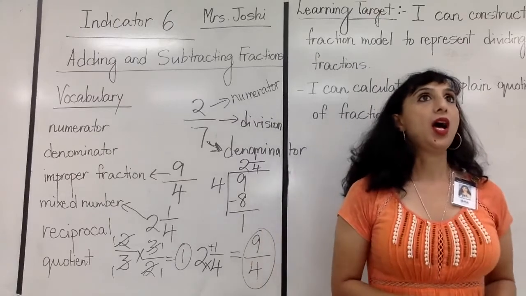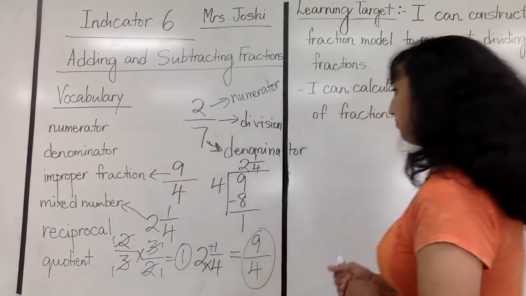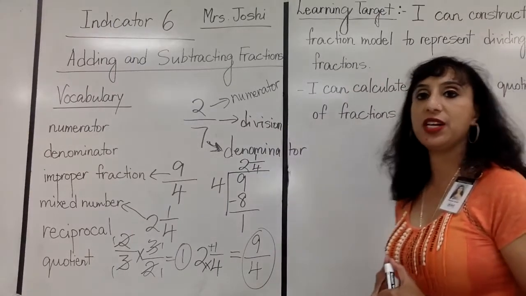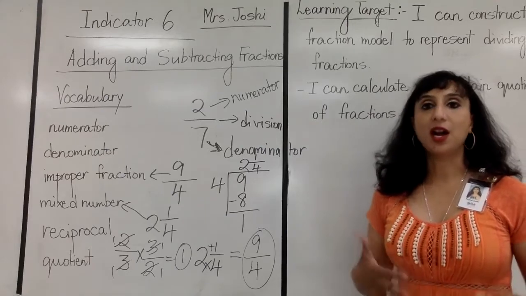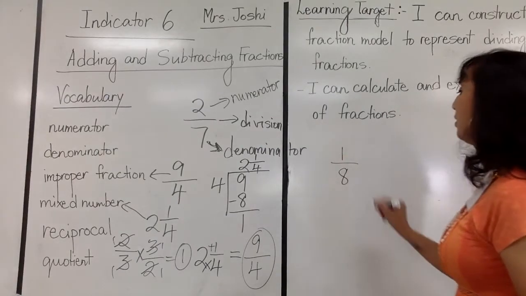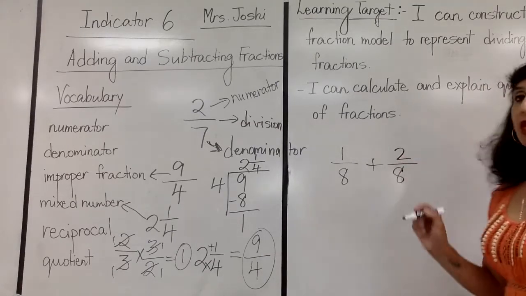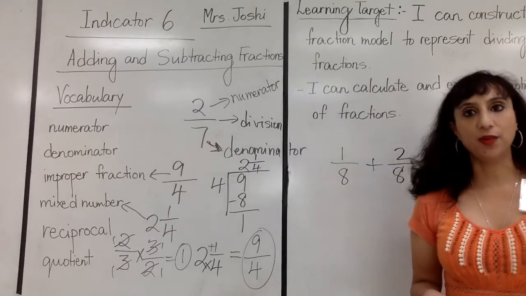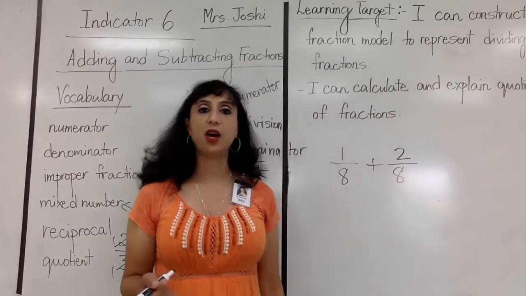Okay, so let's go ahead and solve some problems. So I'm going to start first with problems in which my denominators are the same. Okay, so if I say 1/8 and if I say 2/8, these problems are extremely simple because you don't have to do anything to the denominators.